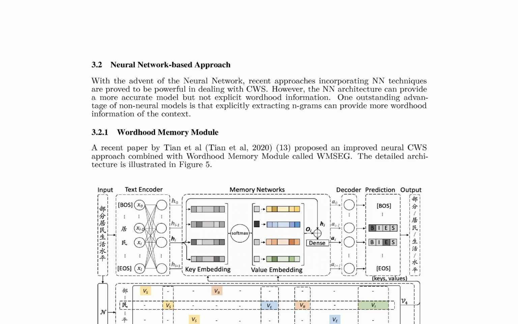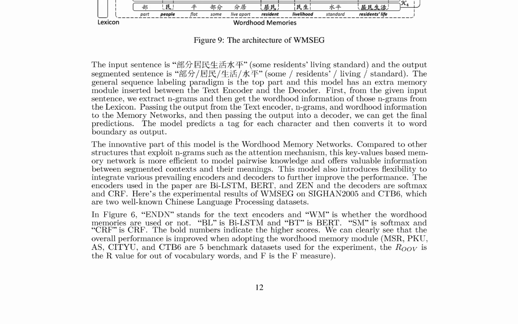Experimental results on SIGHAN 2005 and CTB6 datasets show that WMSEG outperforms other models, especially when using the wordhood memory module. The results indicate that the overall performance is improved when adopting the wordhood memory module, with higher scores on MSR, PKU, AS, CITYU, and CTB6 benchmark datasets.